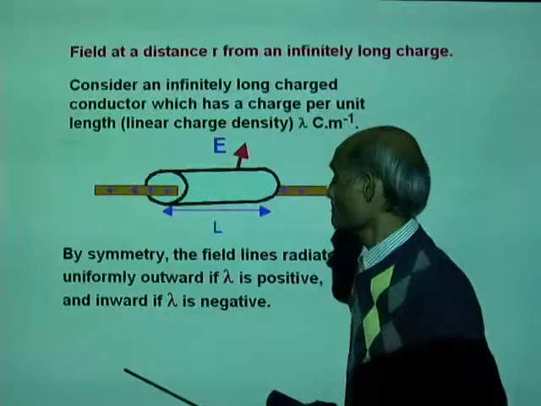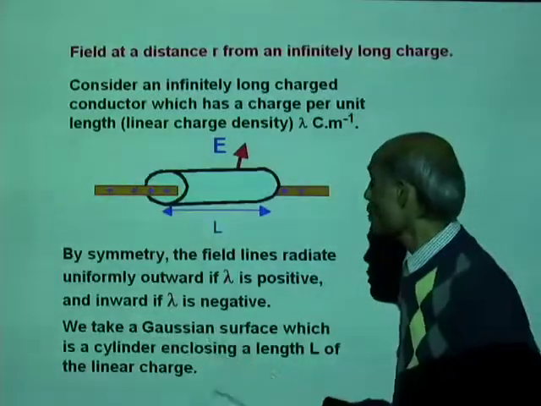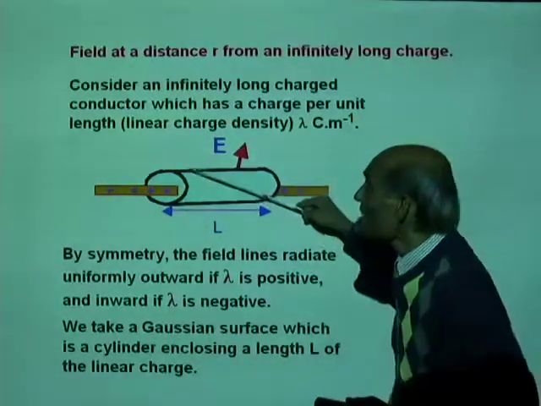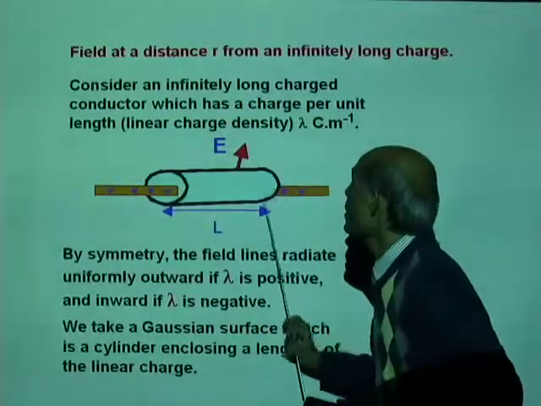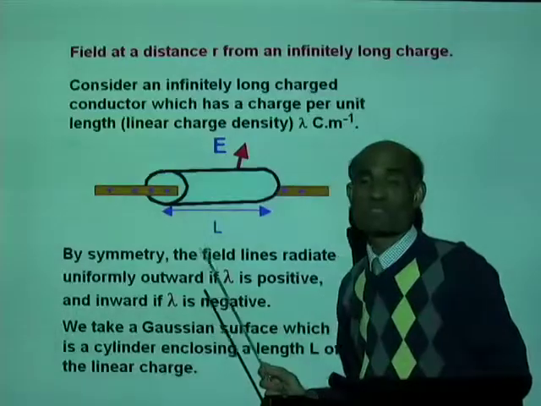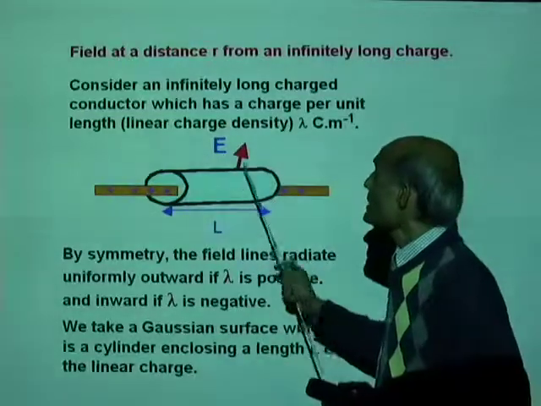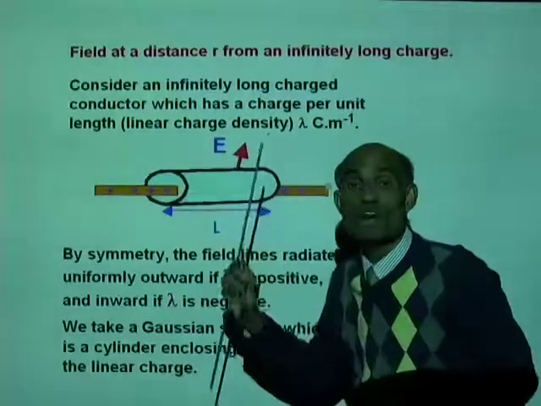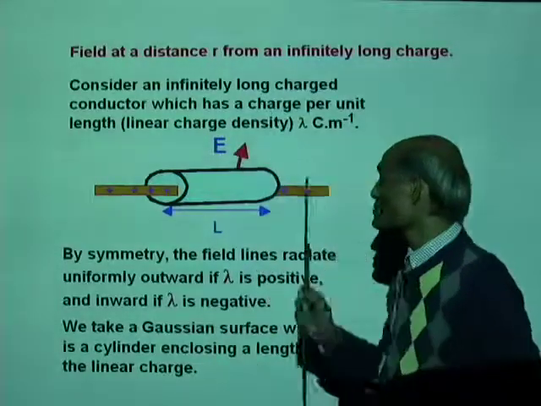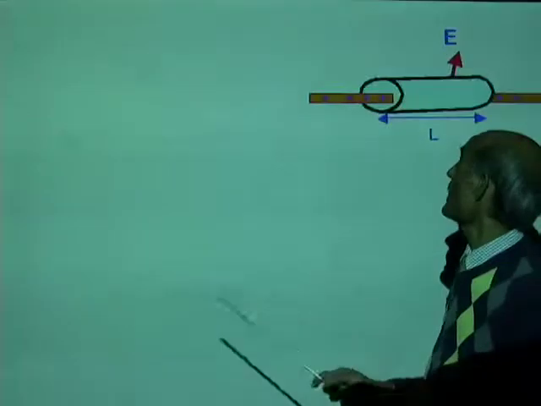directed inwards. Now we take a Gaussian surface, which is a cylinder enclosing a length L of the charged object. Is that right? And the point where we want to find the electric field is on the surface of the Gaussian surface. It's very important to know that.